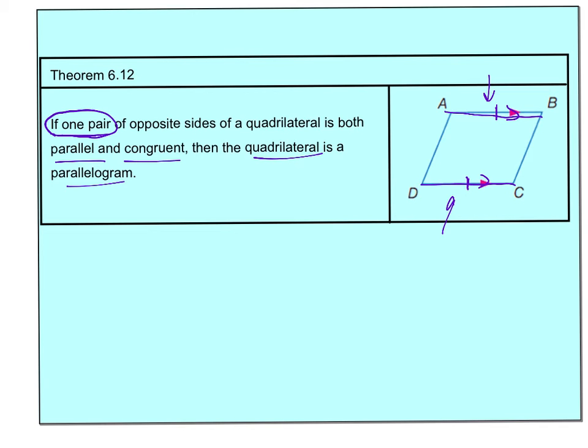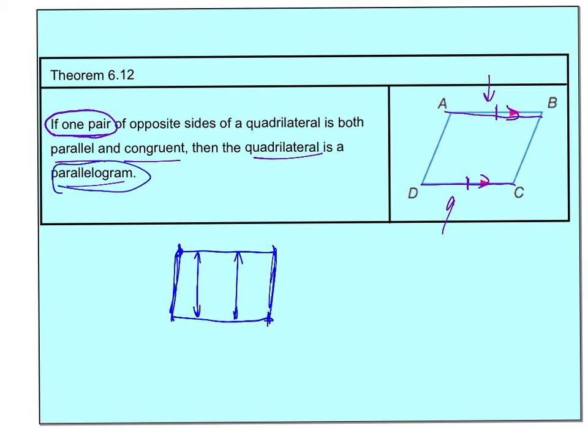Well, if these are parallel, then they're always going to be equidistant apart, right? That's the definition of parallel. Well, if I say these two are the same length and these two are the same length, then by default the only way is if those two are also parallel and congruent. So it absolutely has to be a parallelogram.